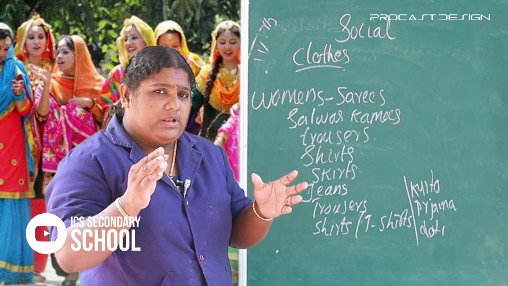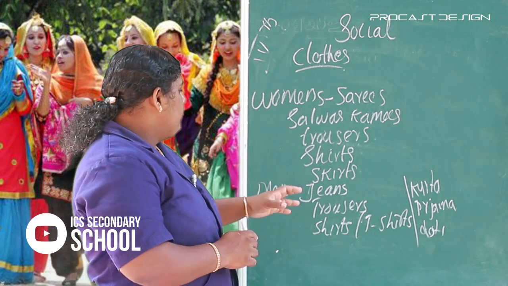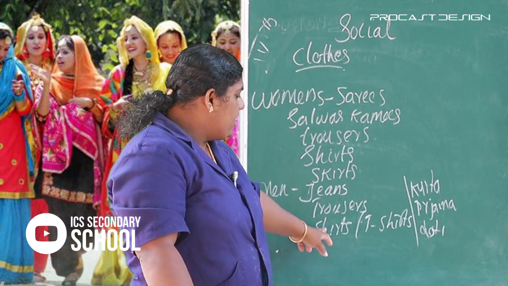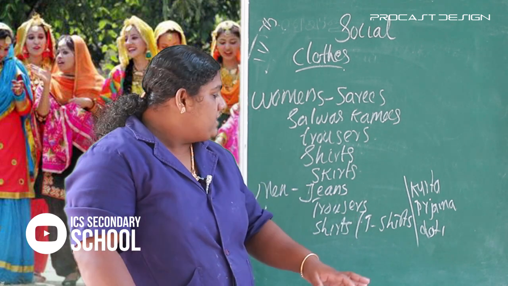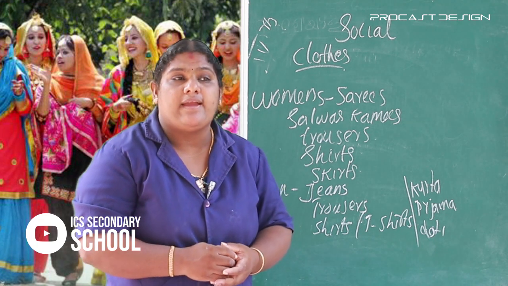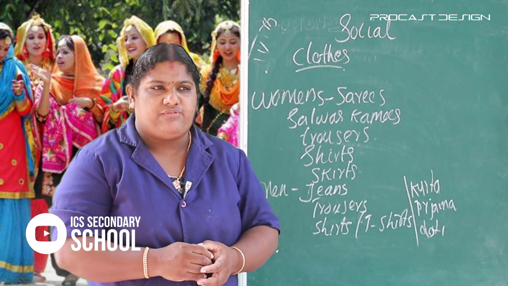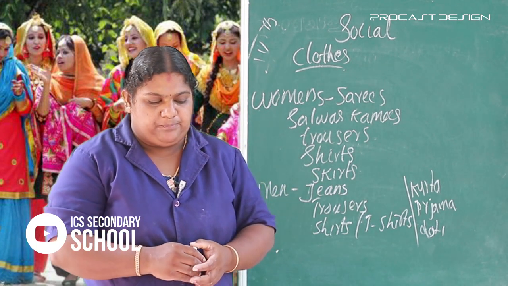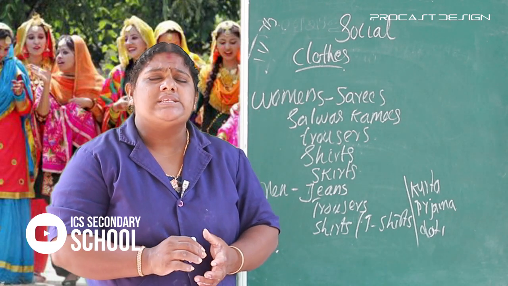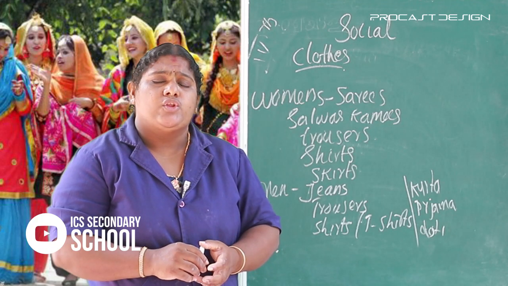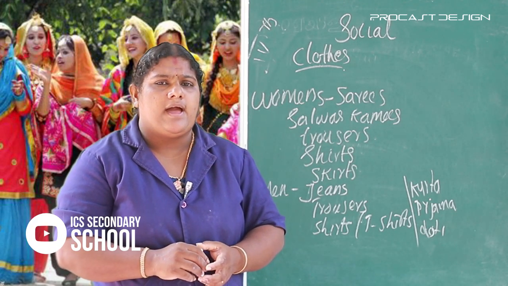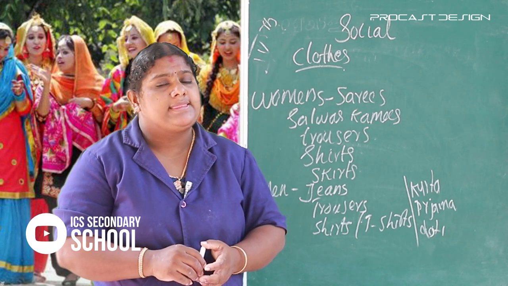So, you listen here. Men in India wear jeans, trousers, shirts and t-shirts. In some states, men wear kurta, pajama and different styles of dhoti. In South India, men wear dhoti-like garments called mundu in Kerala and veshti in Tamil Nadu.